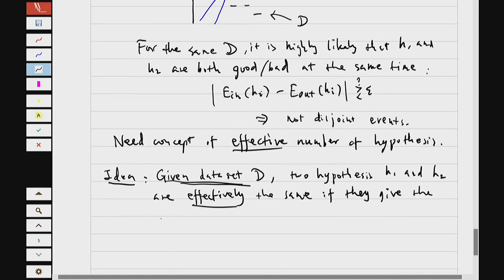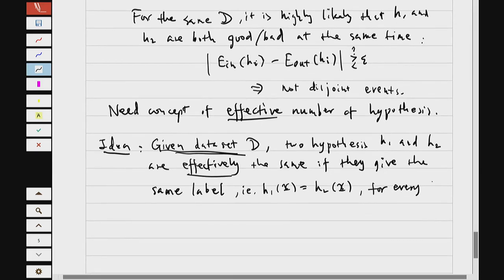If they have the same label for every data point, that is, H1 of x is equal to H2 of x for every x in D, then we can say that they are the same.